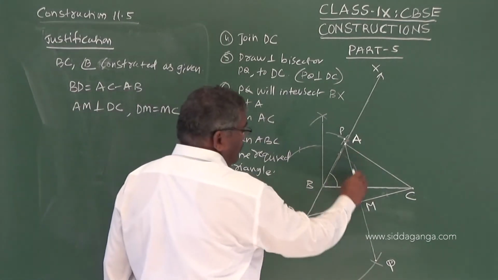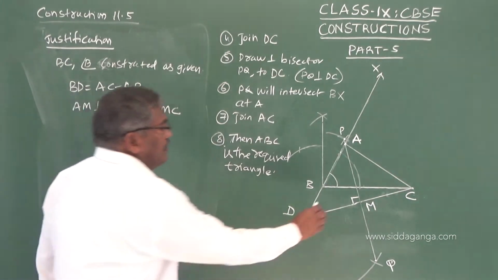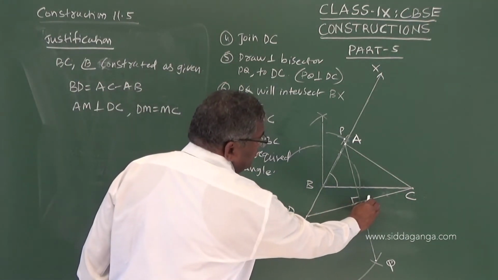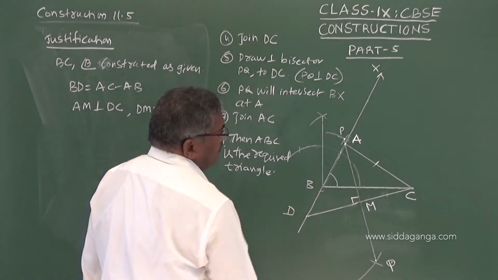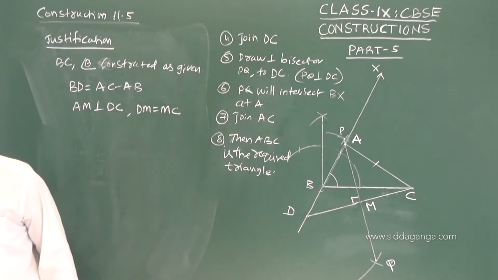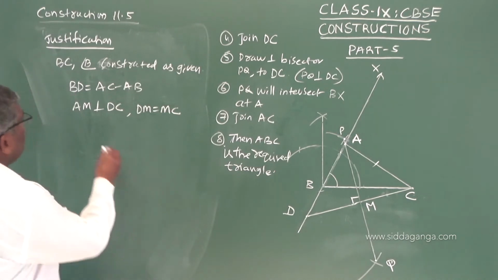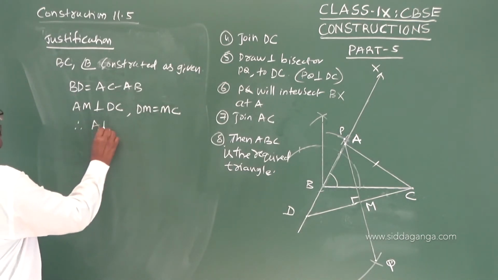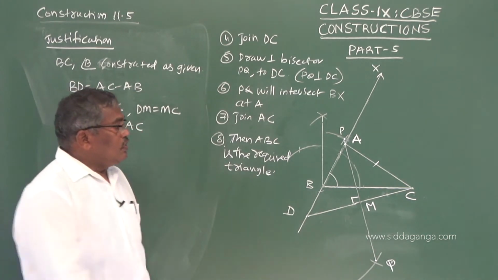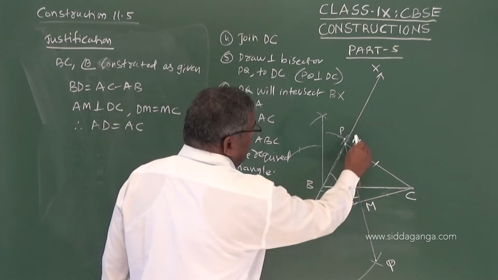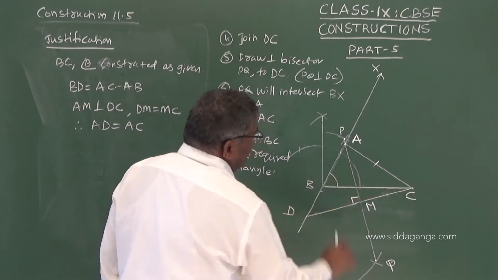And this is common. And this is 90 degrees. This is also 90 degrees. And this side is equal to this side. So therefore AD will be equal to AC. So these two, ADM and ACM, are congruent triangles.